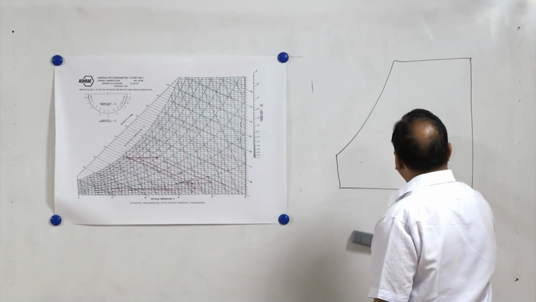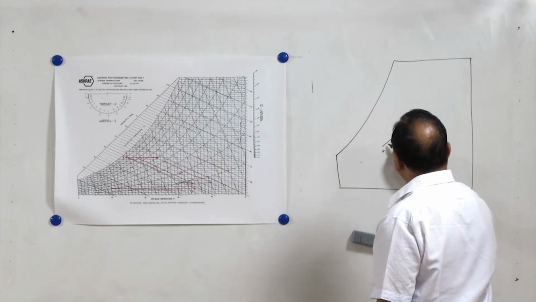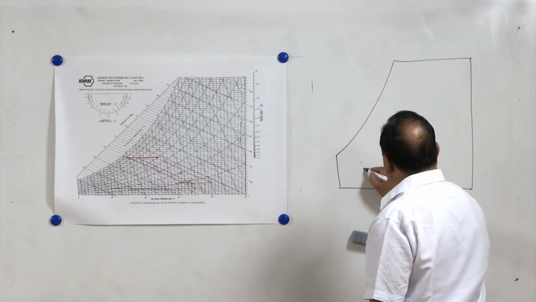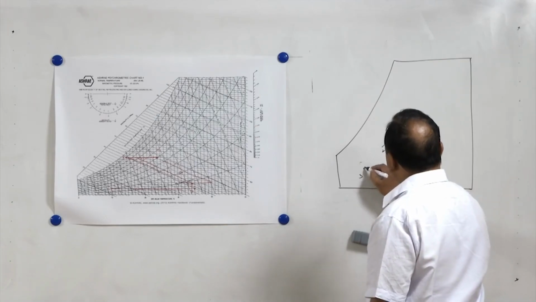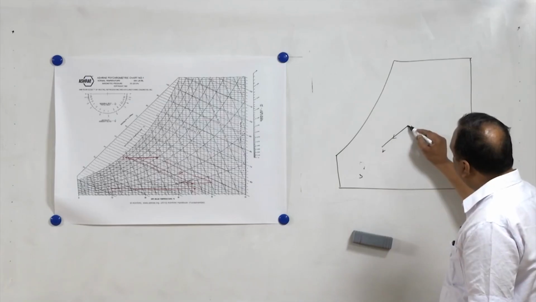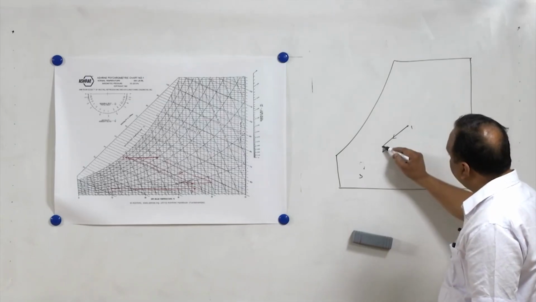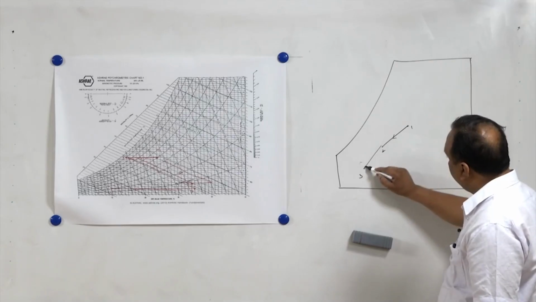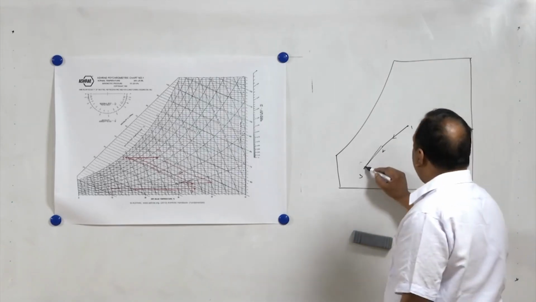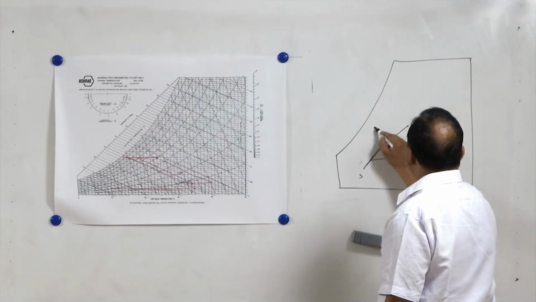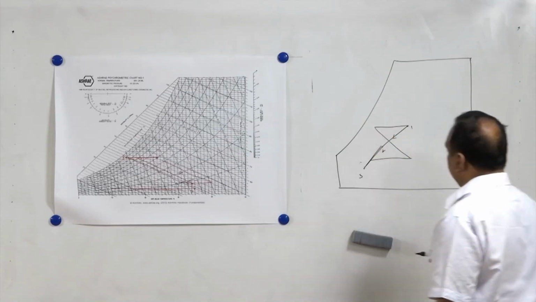So, this is the load line, let us say 1, 2, this is exhaust air, it is getting mixed with the outside air, 3 is outside air. So, it means at state 1 the air is entering the room and at state 2 air is leaving the room. This air gets mixed with the outside air, and then after mixing the heating takes place, heating, evaporation and then heating.